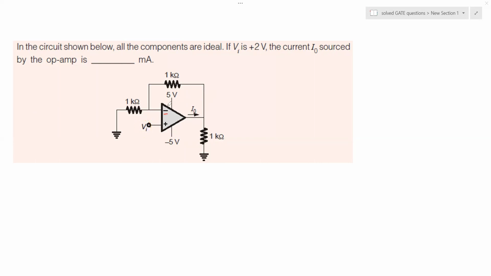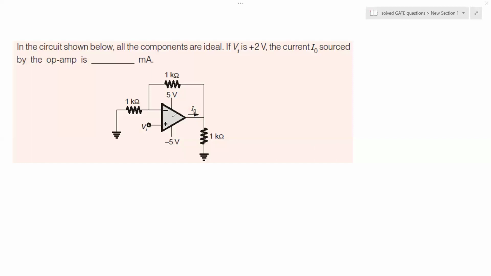To the negative pin, you got the signal coming from the output side by means of a feedback via this resistor, and also to the negative pin you have one resistor connected as shown, and then the op amp supplies the output current I naught, and it will also have the output voltage V naught. Okay, but the question we have to answer, what will be the value of I naught?